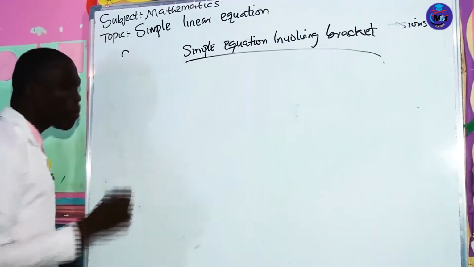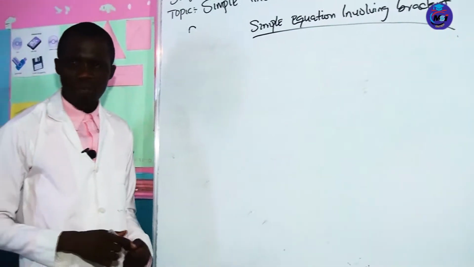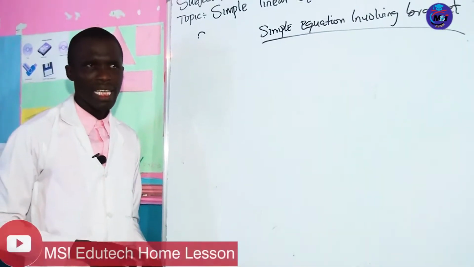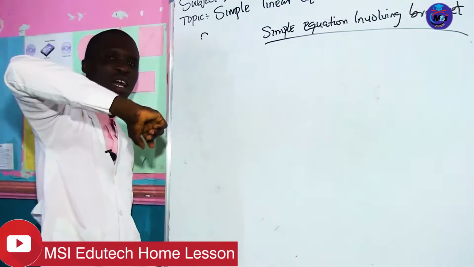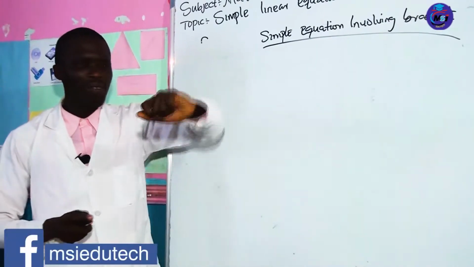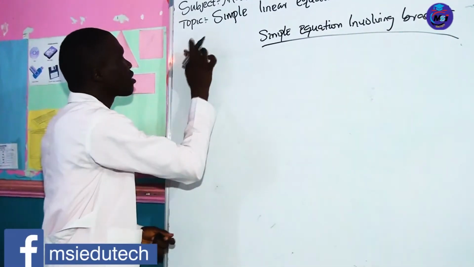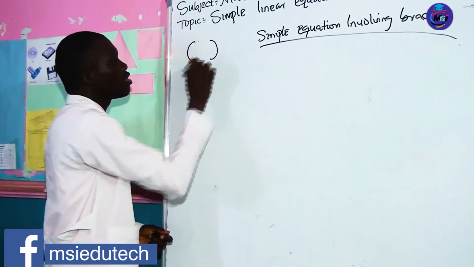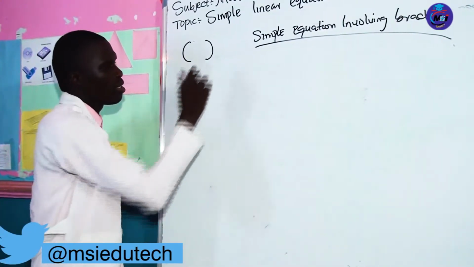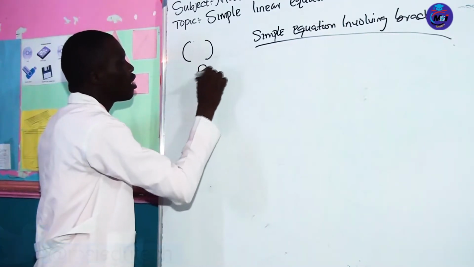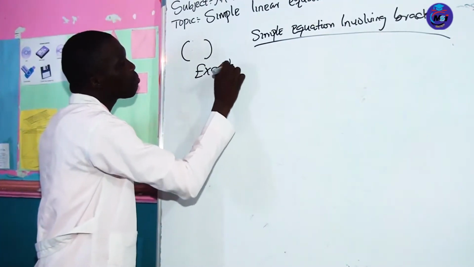Okay, I hope you have seen bracket before. What is bracket? It's just like you have a curve and another curve, right? Like this. This is what we call bracket, right? Okay, let's move on with this example.